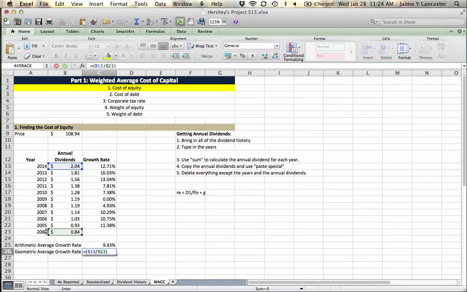So to account for that, we need to raise it to the 1/10, that is, 1 divided by n minus 1, and then minus 1. There's a description of that in the text. That would give us a growth rate of 9.34%. This is the growth rate that we're going to use as our dividend growth rate.